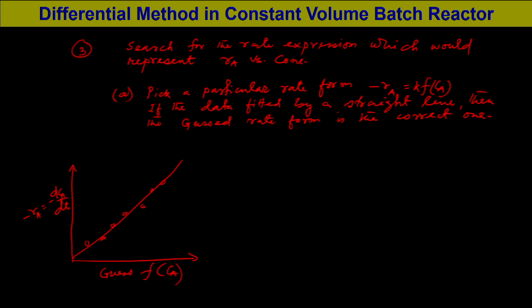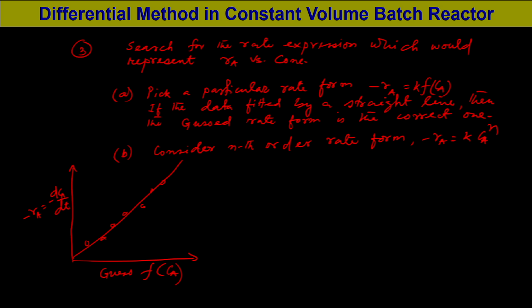Now, second way of testing the rate form, let us consider nth order rate form, say that is minus R A is equal to k into C A to the power n, and we can take logarithm of this one.